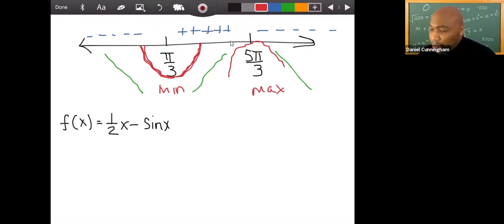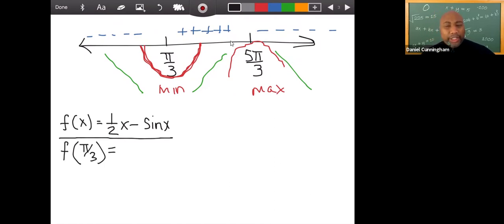So what you have to do, and this is our original equation, you have to find f of pi over 3, plug it into the original equation, and figure out the y value. That's the key, the original equation.